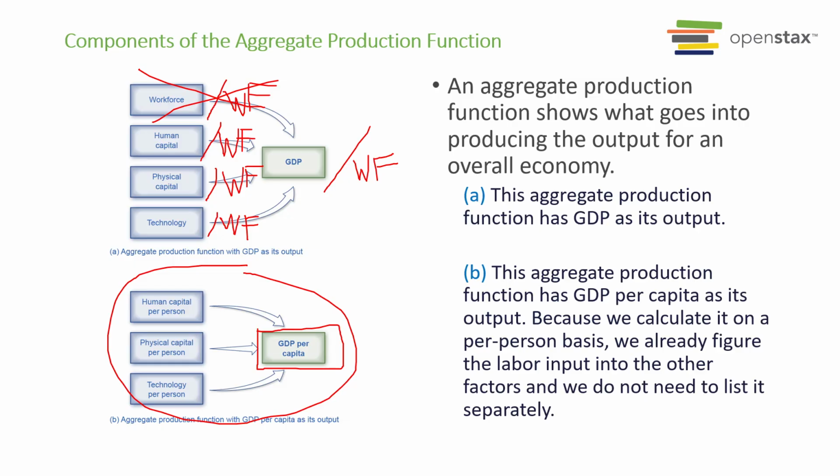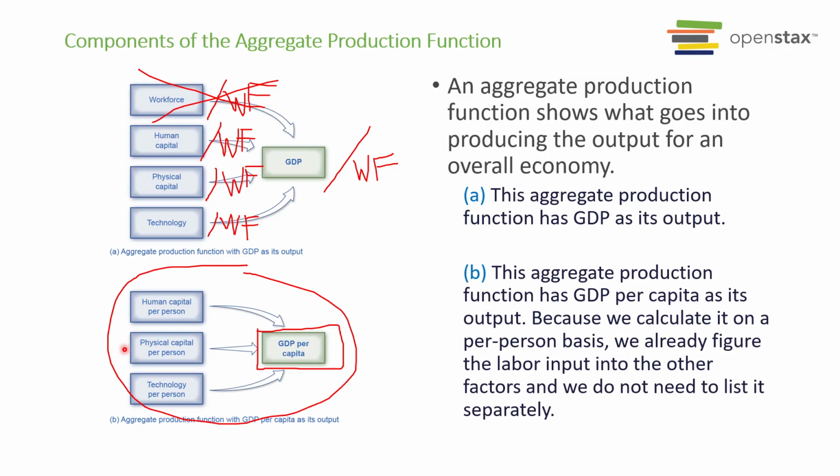So what's important for the growth of GDP per capita, using this logic here, is we have a couple of sources for increases in GDP per capita. We can increase human capital per person. So for instance, send people to school, make public school cheaper, make universities affordable. We can increase physical capital per person. So we want more investment to happen for businesses.